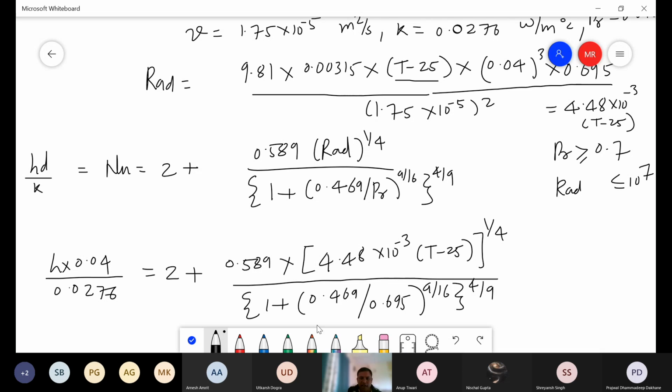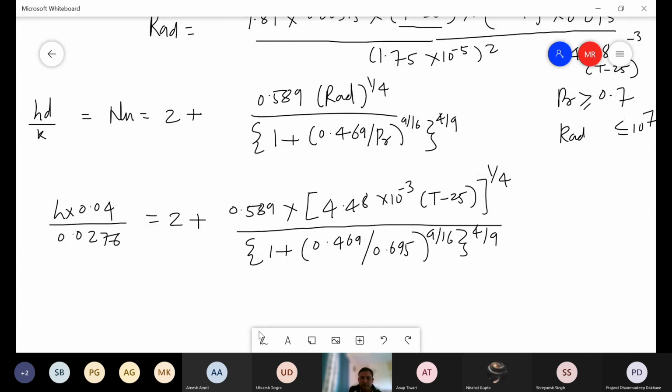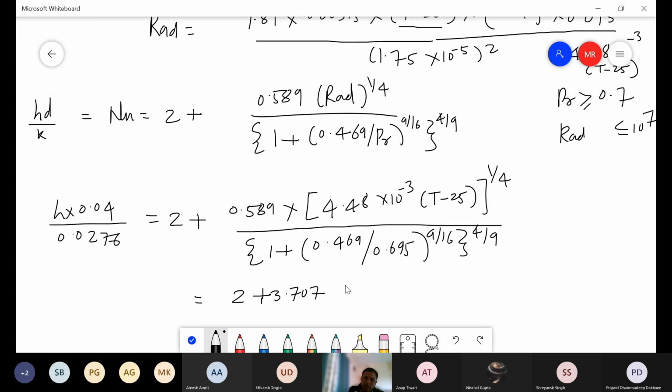So what we ultimately get from this equation is 2 plus 707 (T minus 25) raised to 1 by 4. This is what we are expected to get, this entire thing.